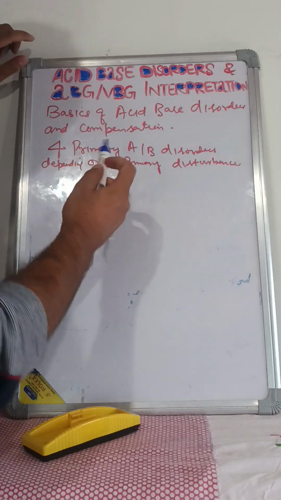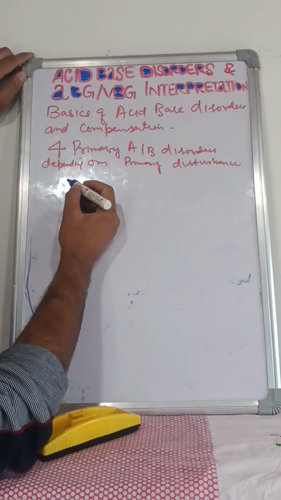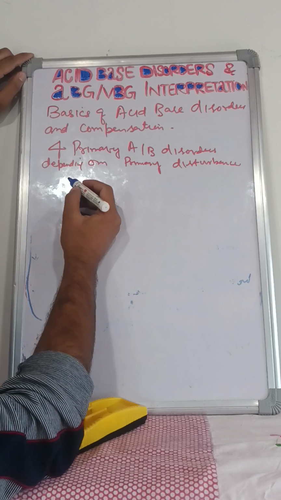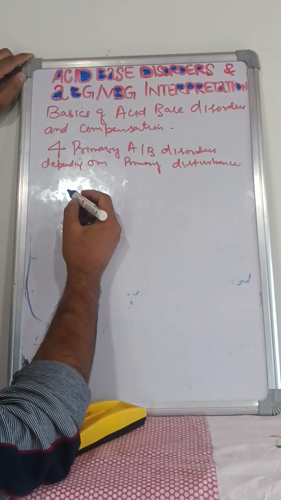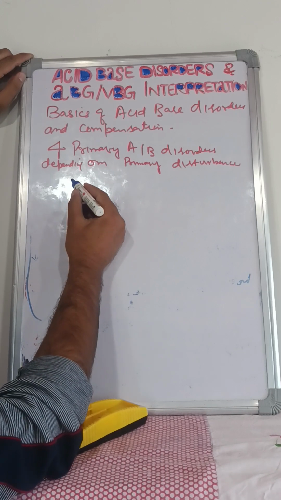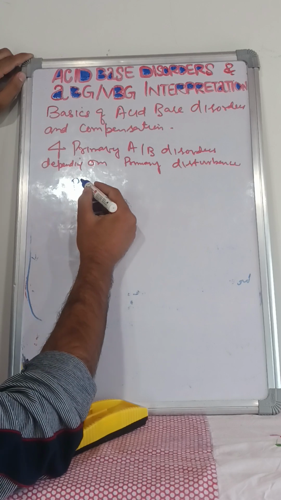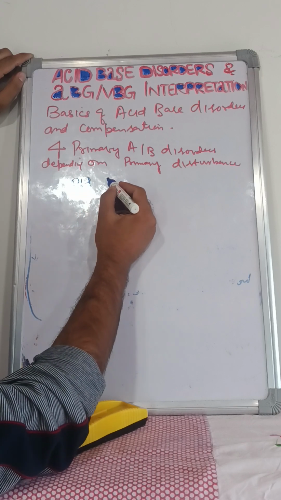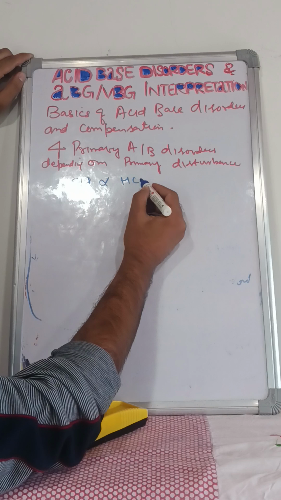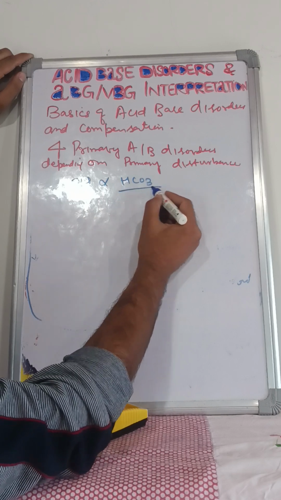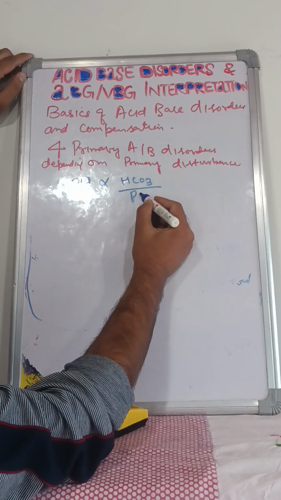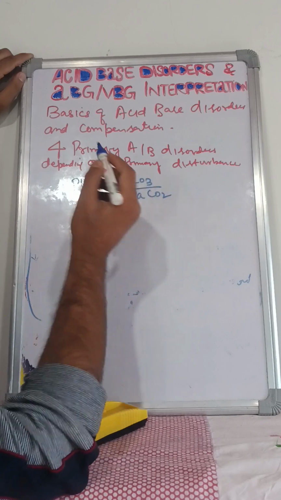There is a famous equation, known as the Henderson-Hasselbalch equation. pH is proportional to HCO3, bicarbonate, divided by carbon dioxide.